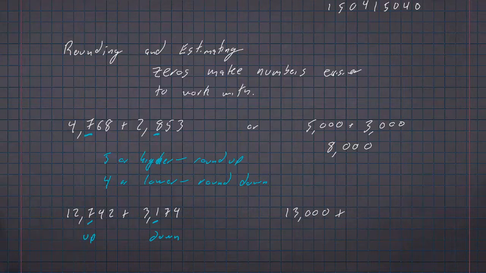So in my head, I'm adding 13,000 plus 3,000, which I can do without a calculator and get 16,000. You can perform these kinds of estimations in addition, subtraction, multiplication, division, or really any other operation.